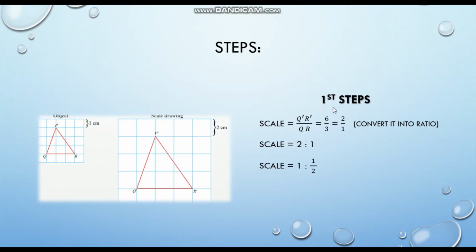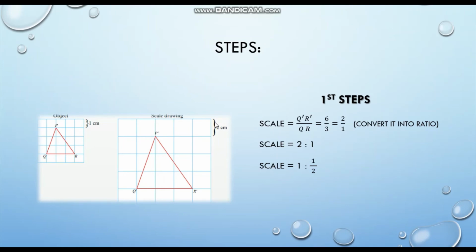The first step will be to use the formula of scale drawing, which is the measurement of the scale drawing divided by the measurement of the object, that is equal to Q prime R prime over QR, that is equal to 6 to 3.